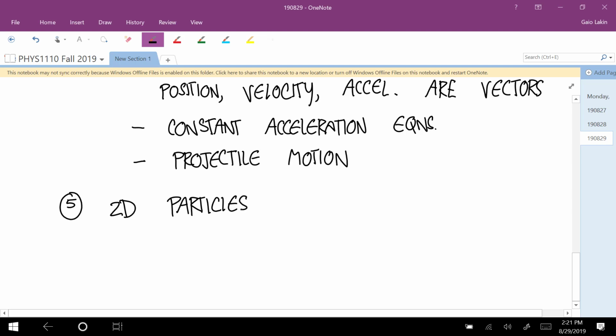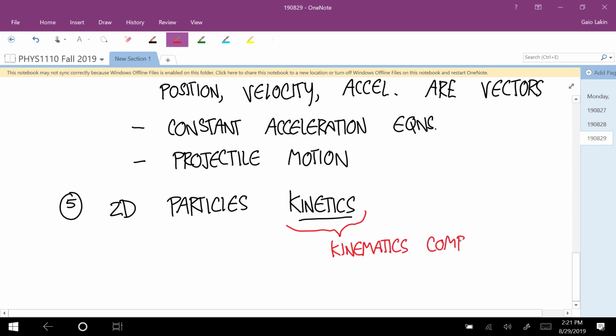And the combination of kinematics with the causes is, this is a ridiculous name, I don't know who chose this, but kinetics. It's almost identical to the other one. I don't see the point of that, but I don't get to choose. So kinetics is kinematics combined with the causes of the motion.